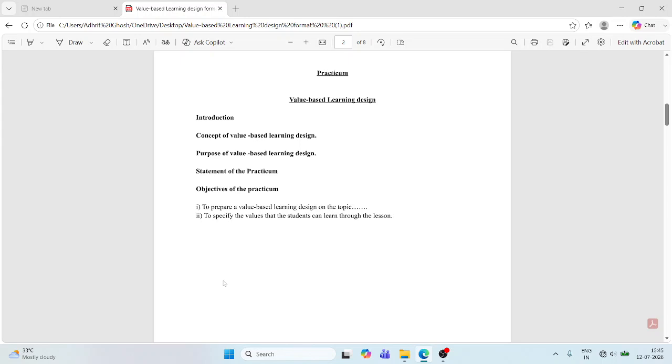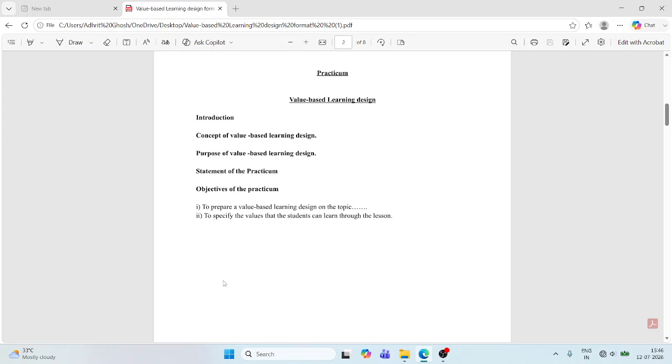Then topics related to the ecosystem and sustainability are relevant both in science as well as in geography. Reasoning ability, reasoning and rationalizing, also pertain to mathematics. But it is easier for students to write a value based learning design on subjects like history, geography, certain aspects of science, not all sciences, and especially languages.